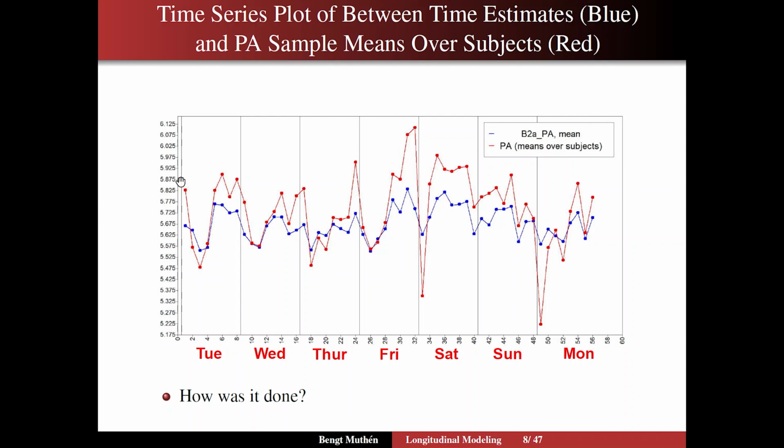In any case, you see the red curve then, which is the means over subjects, follow this blue curve, or rather the blue curve follows the red, since the red is the data. But you have more fluctuation in the red curve, like here for instance, but we should remember then, as the paper points out, that many of these points are based on very few observations, very few people, and may only be due to one person, for instance.